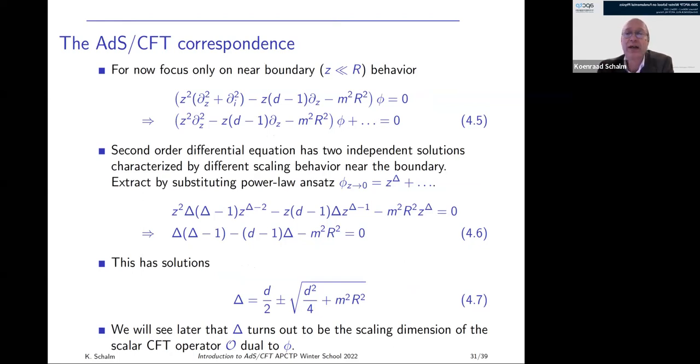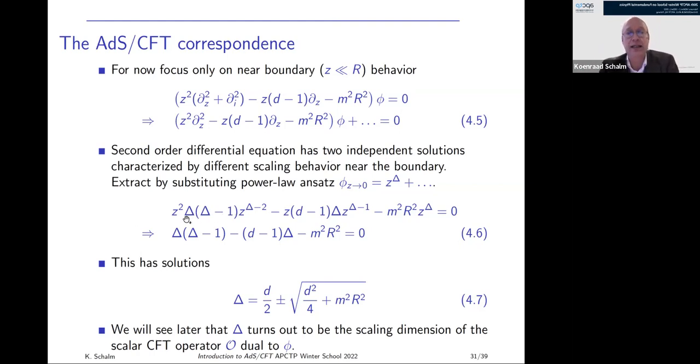It has two independent solutions, characterized by different scaling behaviors near the boundary, in the regime where z is very, very small. You can extract these two different scaling behaviors by simply substituting in a power law ansatz. In other words, you assume that φ near z equals 0 behaves as z to some power plus dot, dot, dot.